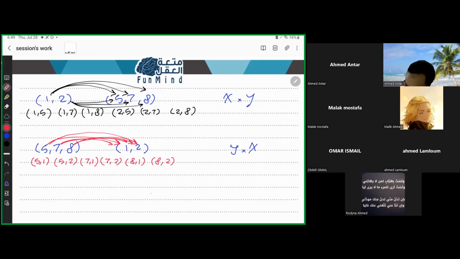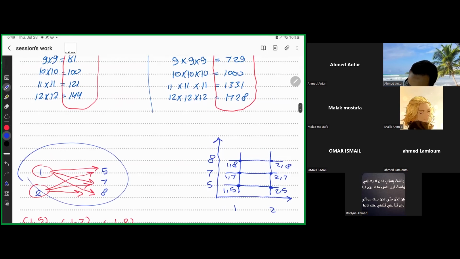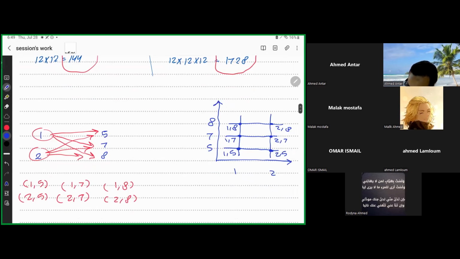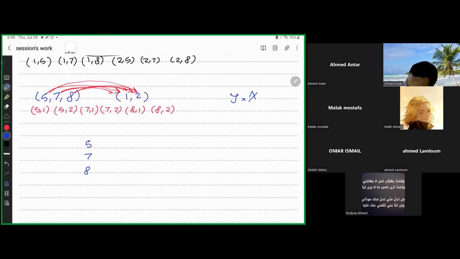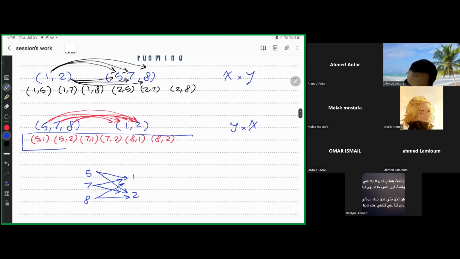And also you can do it by the arrow way, like that. You can do it as the following: 5 7 8 and 1 2, 5 with 1, then 5 with 2, 7 with 1, then 7 with 2, 8 with 1, then 8 with 2, and you will get the same answer. Right now, are these Cartesian products equal to these Cartesian products?